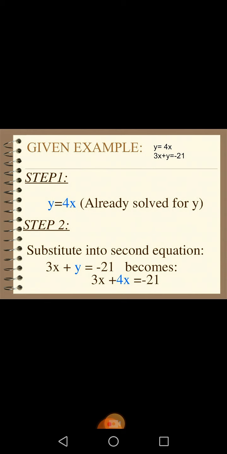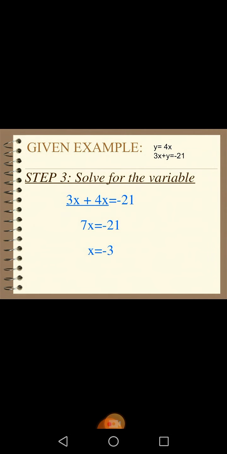So I can solve this equation in x to get the value of x. 3x plus 4x equals 7x, so 7x equals negative 21. I can get x by dividing both sides by 7, to get x equals negative 3.